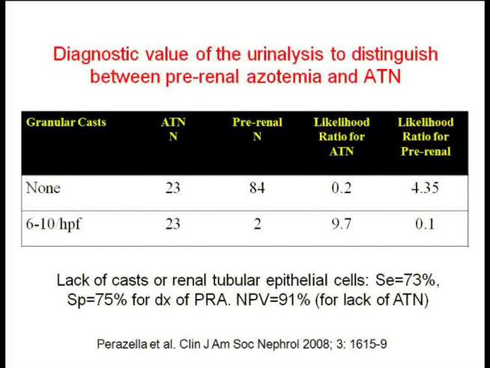Then, as you start seeing more and more granular casts, and here when you get to the 6 to 10 granular casts per high power field, which we see relatively often in these patients, the likelihood ratio for being ATN is 10. So much, much more likely that this patient will have ATN rather than prerenal azotemia.